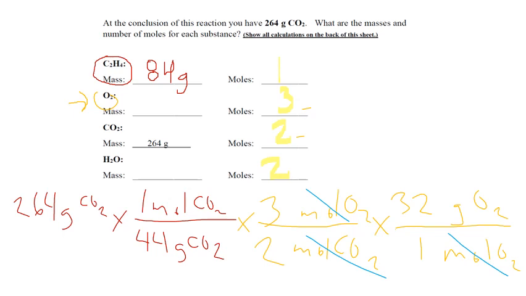I don't know how to do this in my head, so I'm going to grab my calculator. I'm going to hit clear, and I'm going to start again with my 264 multiplied by 3, because it's in the numerator. Enter. It's important you hit enter. 792 is what I get. And then I'm going to multiply it by 32. Great.